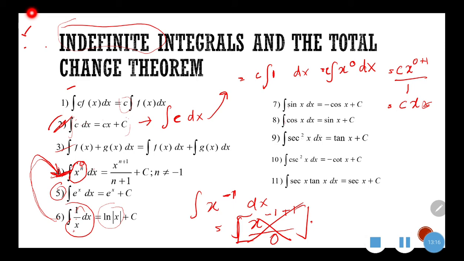Secant square x equals to tangent x, because you differentiate tangent, you get secant square x. Cosecant square x, integrate, you get negative cotangent x, because if you differentiate cotangent x, you get negative cosecant square x. And then integrate secant x tangent x, you get secant x, because when you differentiate secant x, you get secant x tangent x.